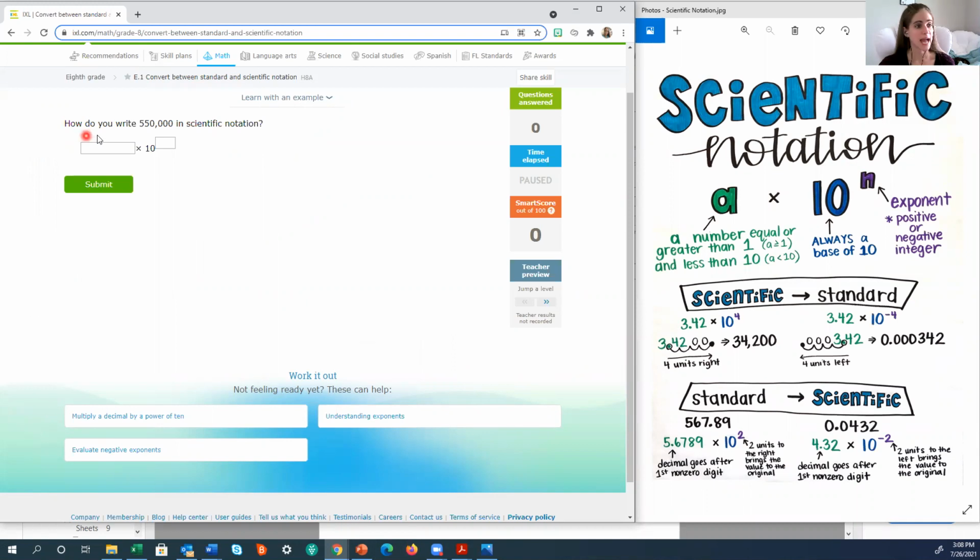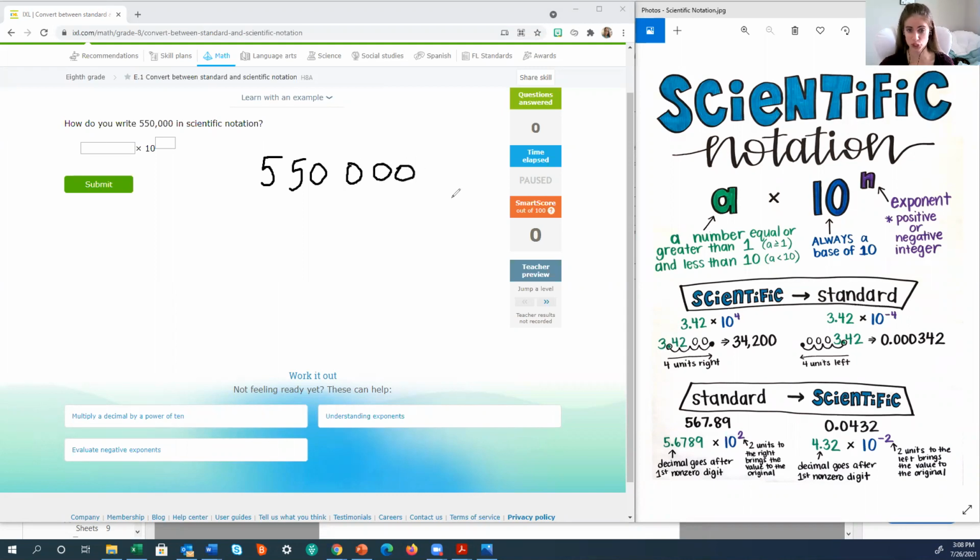Problem number 1, how do you write 550,000 in scientific notation? Let's go ahead and copy that down. And I'm not going to write the comma because I don't want to confuse it with my decimal point. But you can if you want to.